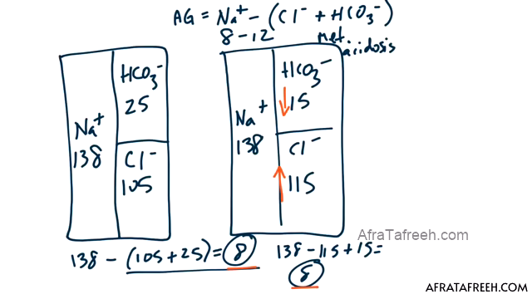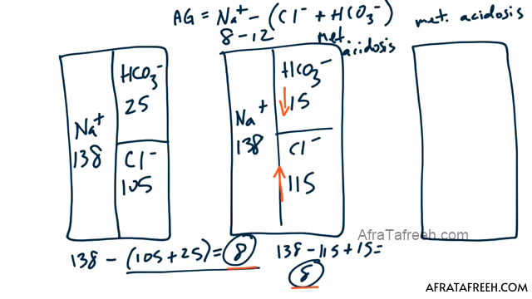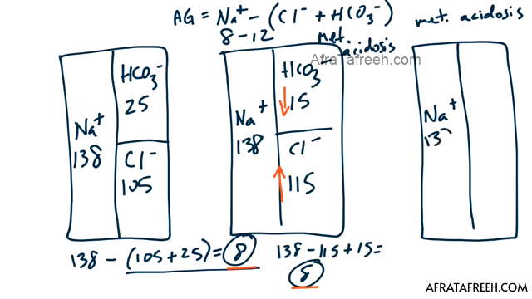Now let's say the patient has another metabolic acidosis. This time the sodium is again 138, the bicarbonate is 15, and the chloride is 105.